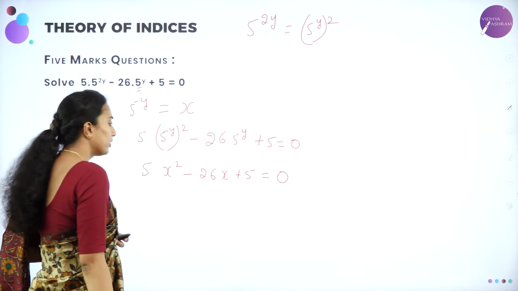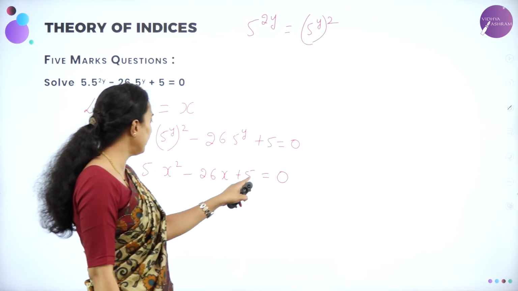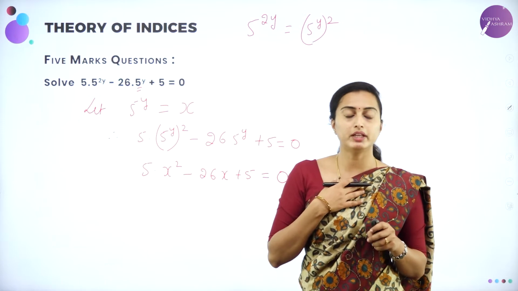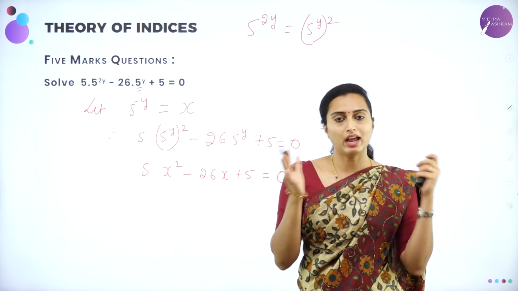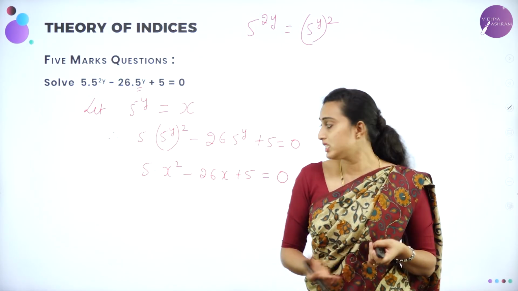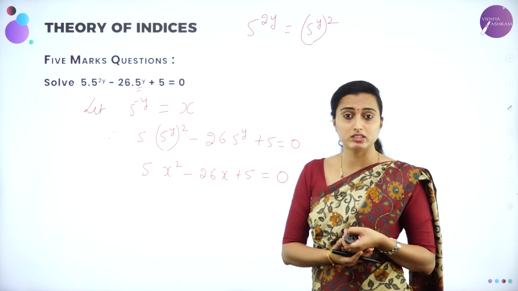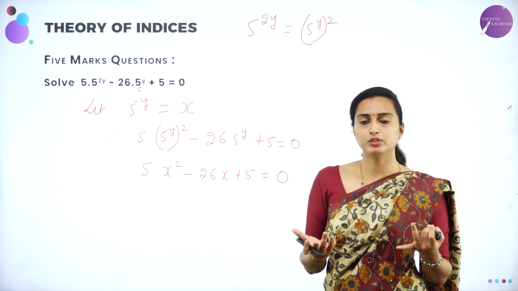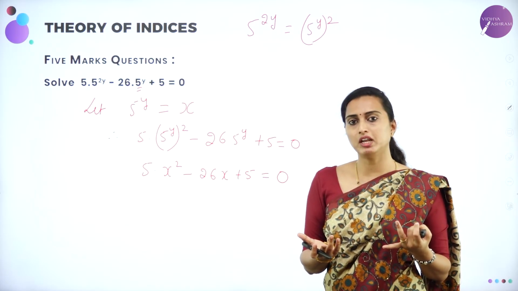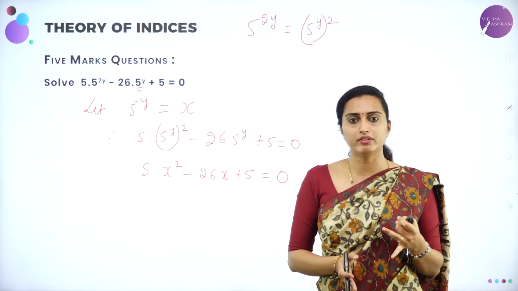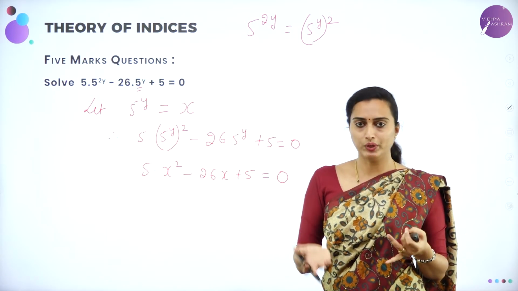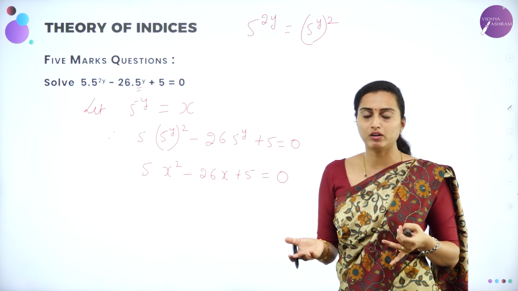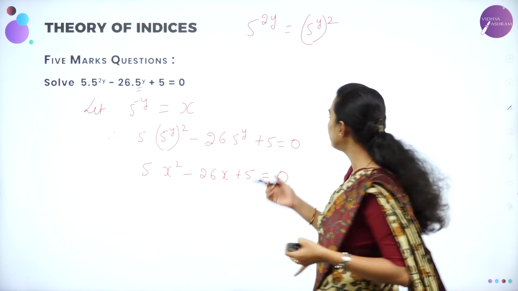So if I have to multiply, 5 5s are 25. So I should get 25 by multiplication. If I add or subtract, I should get 26, minus 26, isn't it? 5 5s are 25, but 5 plus 5 is 10. You cannot. So what option is remaining? 25 ones is 25. 25 plus 1 is 26. Here the minus sign is there, so minus 25 and minus x you are going to have. So I am going to write it here.